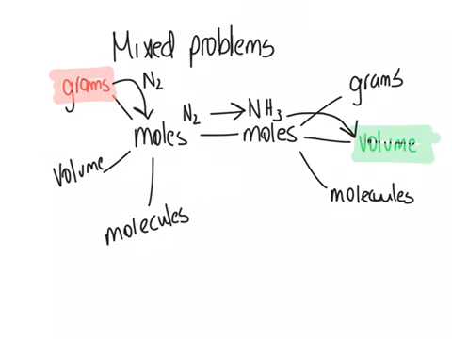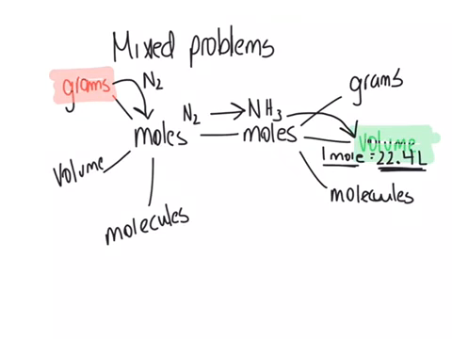Now, we haven't done volume yet, but it's pretty easy. 1 mole of any material that is in a gas state is going to be made up of 22.4 liters. So it's kind of nice. You don't have to calculate any sort of molar mass. All you have to do is know that 1 mole equals 22.4 liters.